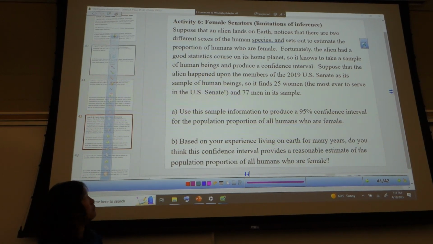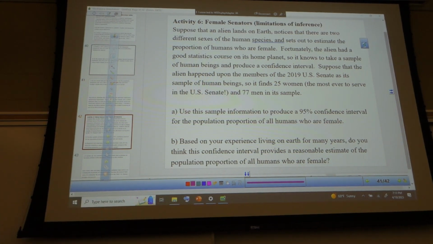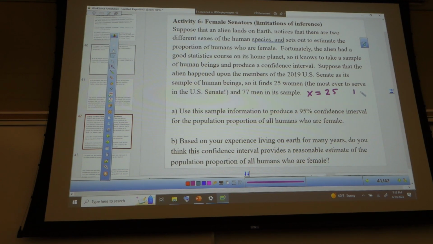One sample, good. All right, so we're going to find a confidence interval. Let's go ahead and do that. So what's my x? Oh, it's not x bar. x is 25. What's my n? 102.